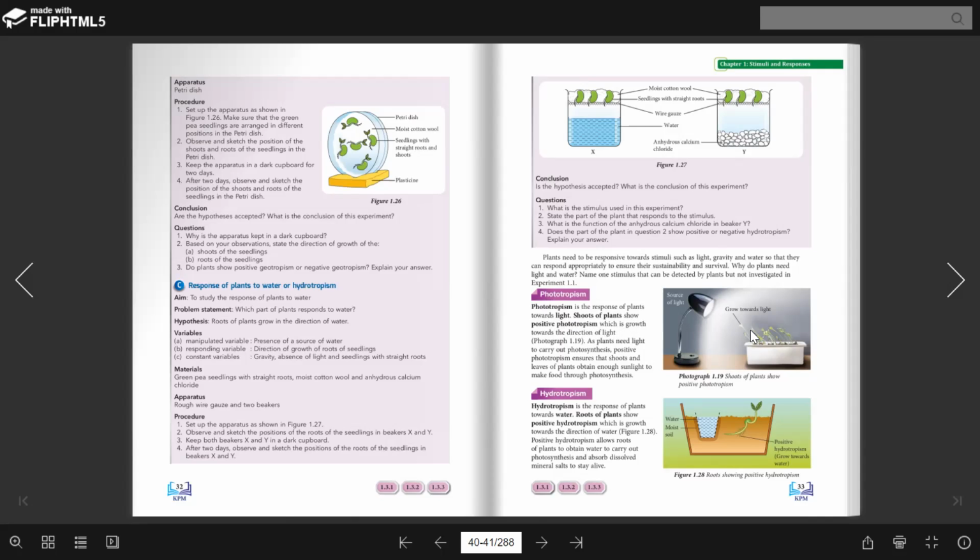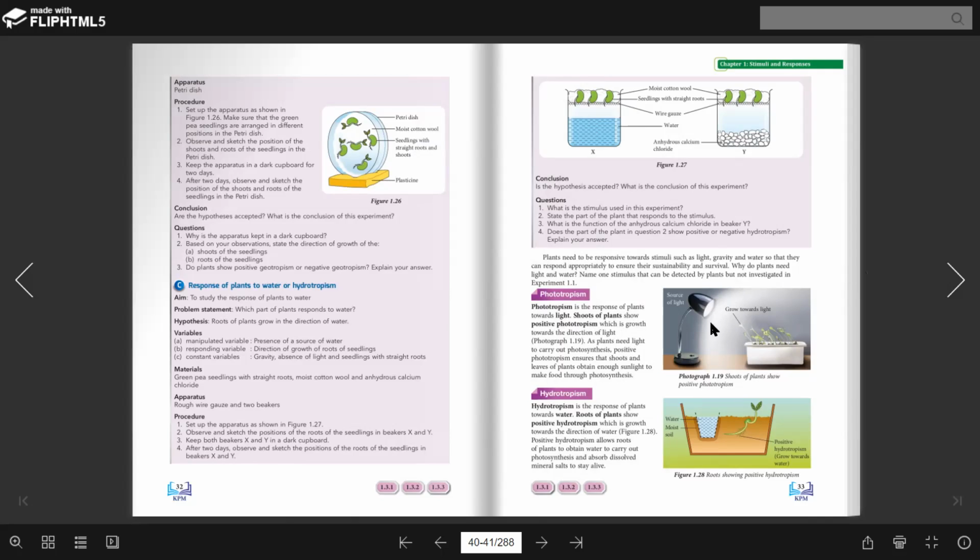We know that the plant has a shoot and also a root. Basically the shoot will show positive phototropism. Why? Because it grows towards the direction of the light. For example, if the light is here, it will grow in that direction.